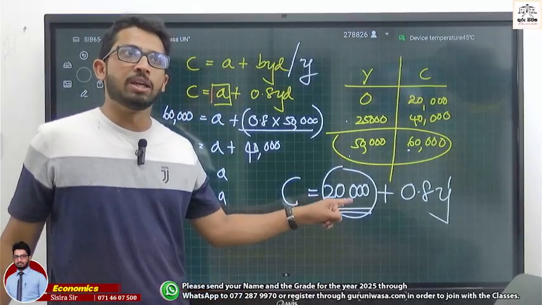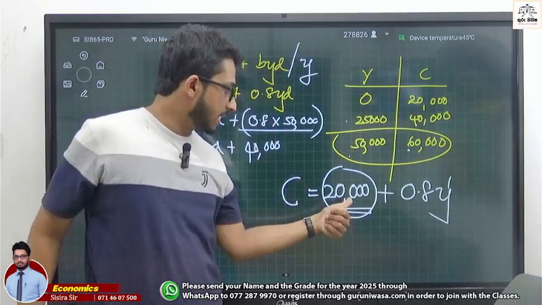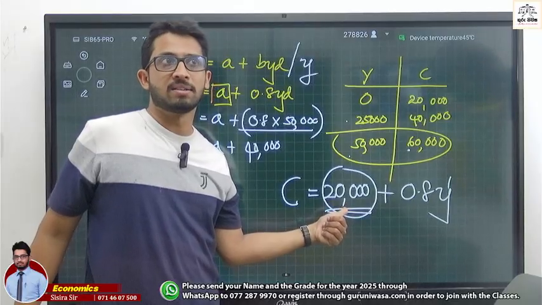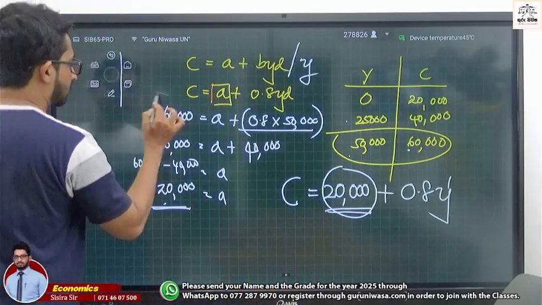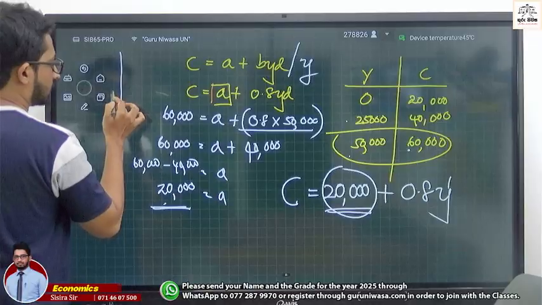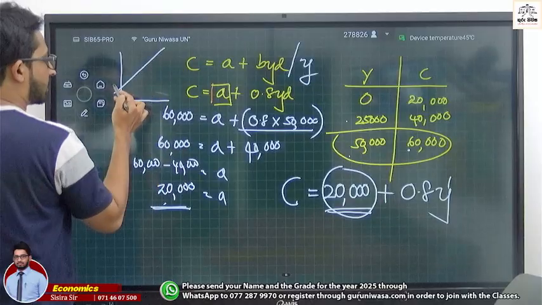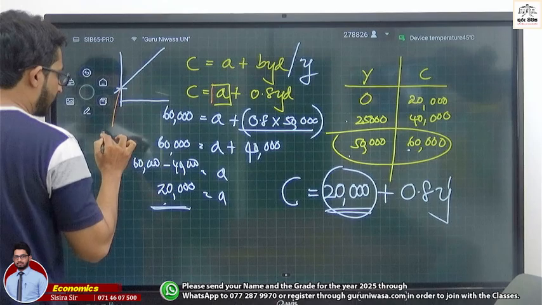It means your consumption curve intersects the y axis at 20,000. Remember.